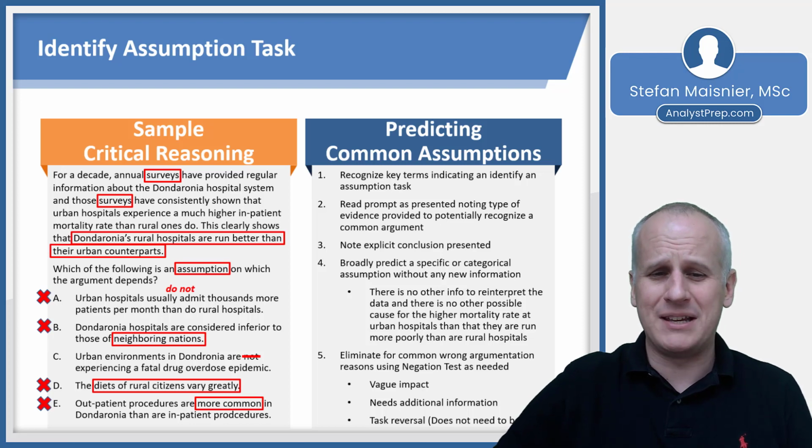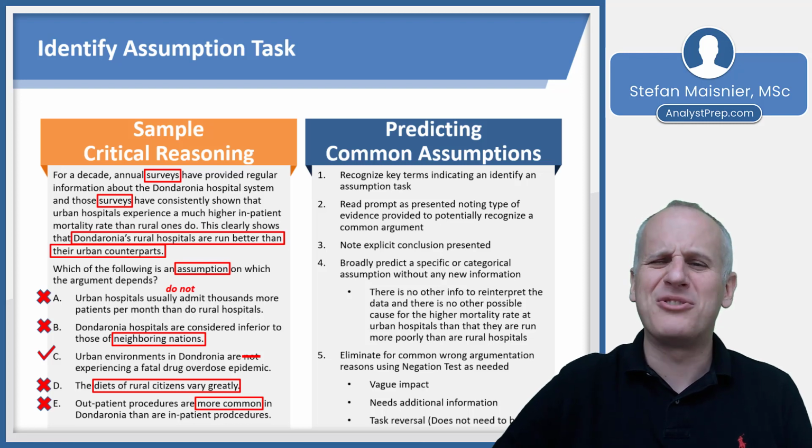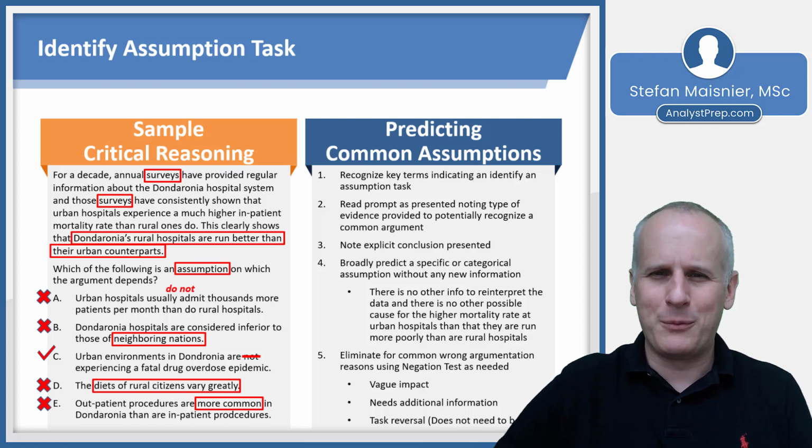They just might not be experiencing this fatal drug overdose epidemic that is currently in the urban environments. So choice C, through the negation test, we see how it directly is necessary for the argument, in its original form, we'll put it. And that's how we know when we're down to two through the negation test which one truly is necessary, by negating the impact and seeing if the argument still holds.